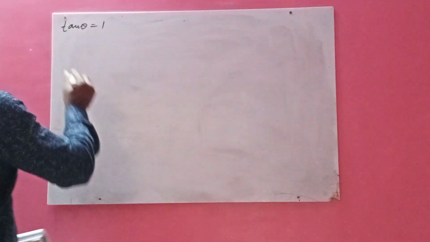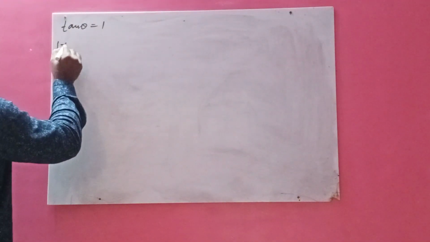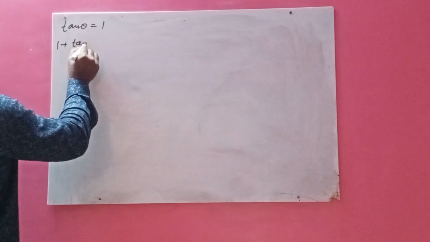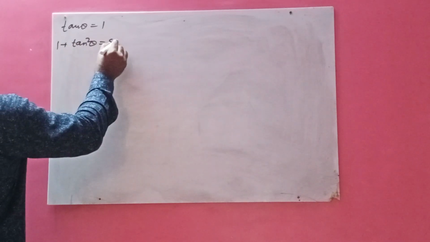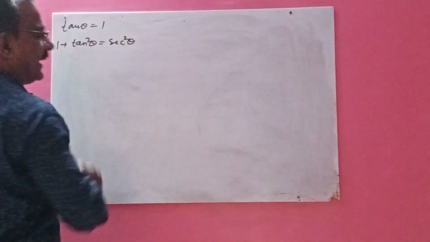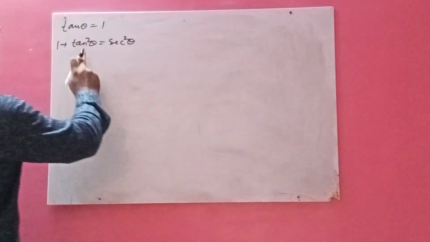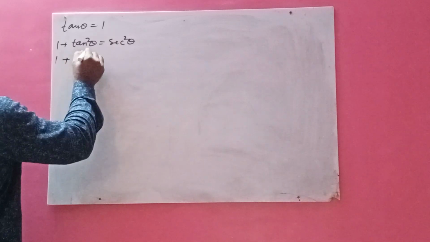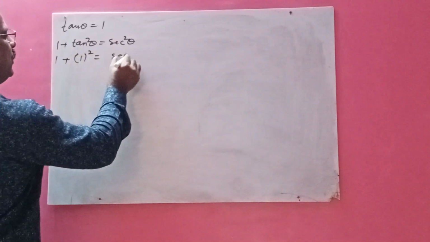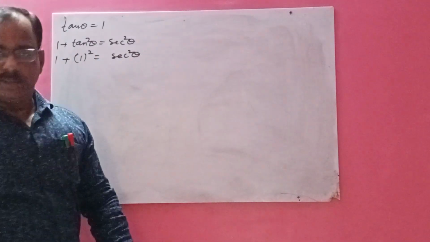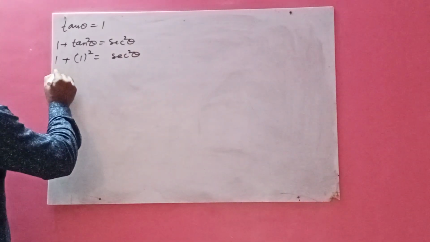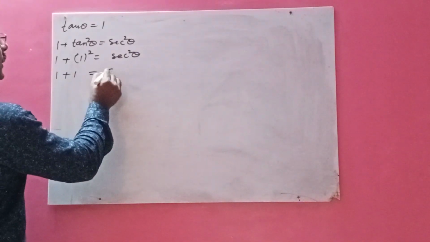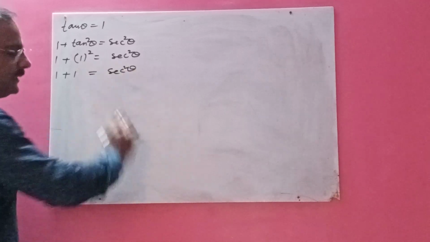So write down 1 plus tan square theta is equal to sec square theta. I am substituting value of tan, which is 1. So 1 plus 1 square is equal to sec square theta. Simple.